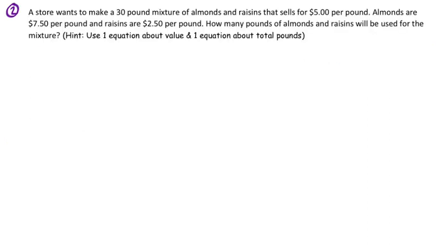Let's look at our next sample, which is a mixture problem. And in mixture problems, we always write one equation about the total value and one about the total quantity.